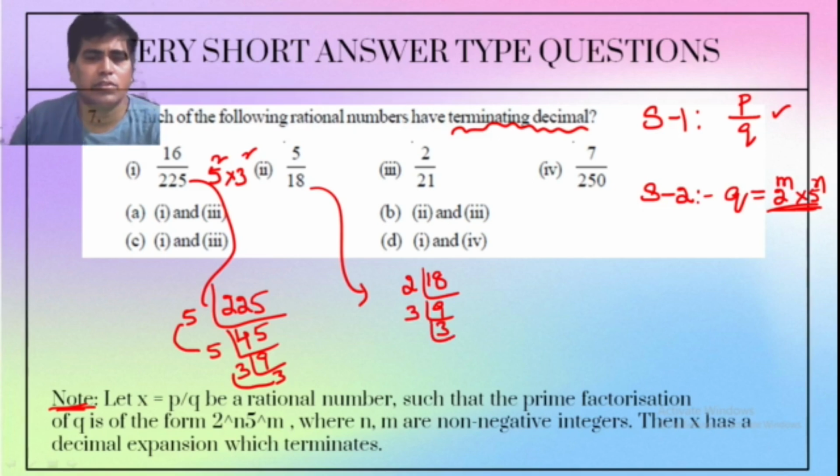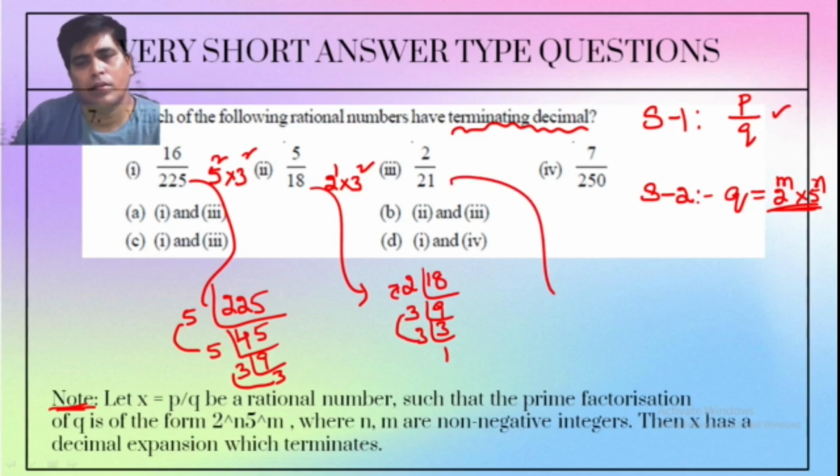So 18 can be written as 2 to the power of 1 and 3 to the power of 2. Similarly, 21. Prime factorization of 21: it goes by 3 table, 3 sevens are 21. So this can be written as 3 to the power of 1 into 7 to the power of 1.